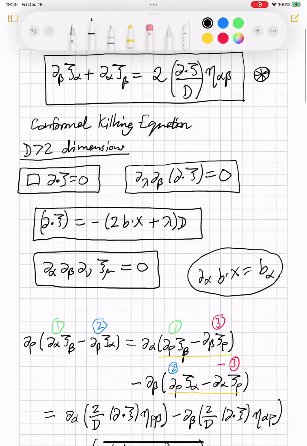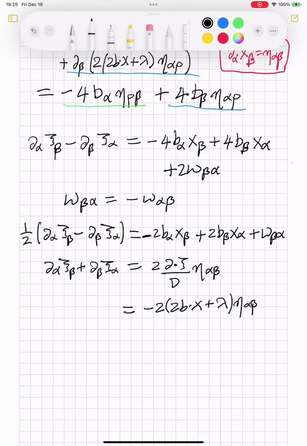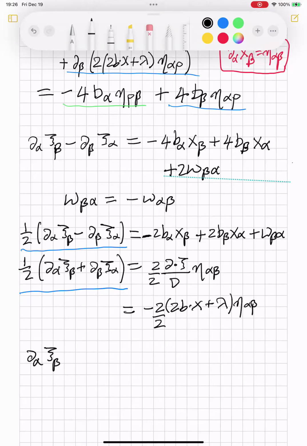Now what I want to do is, I don't actually want this quantity, I want 1/2 of this quantity. So if I multiply by 1/2, I need to divide by 2 there, and I need to divide by 2 there. Now, what is so nice about having these two quantities? Well, if I add these two equations, so you can see if I add this term over here to that term over there, adding them, what do I get? I get d alpha zeta beta is equal to, and now let me add up the right-hand sides.